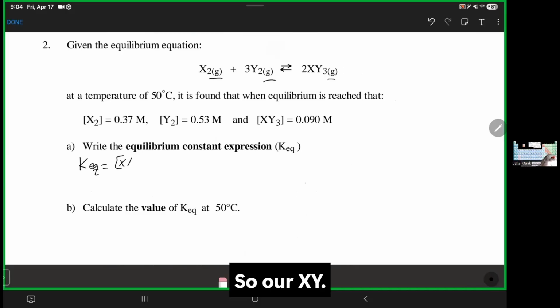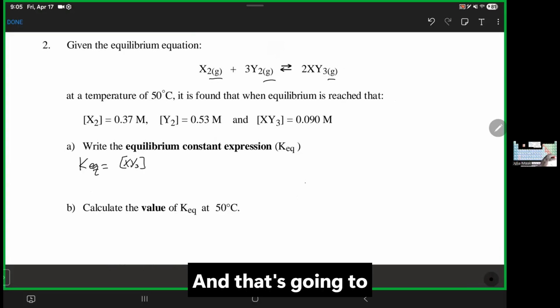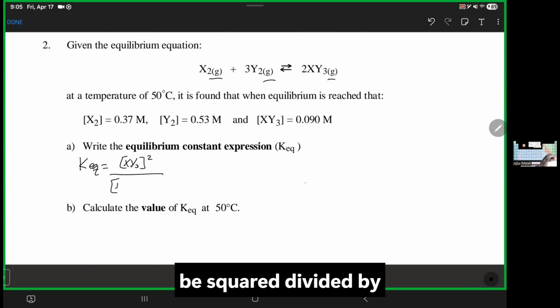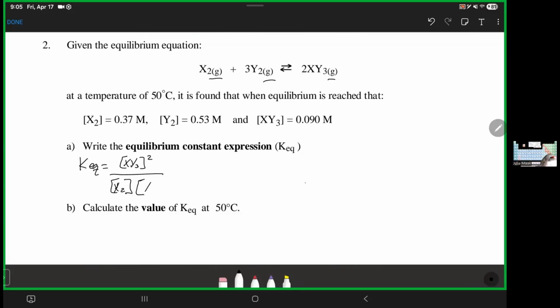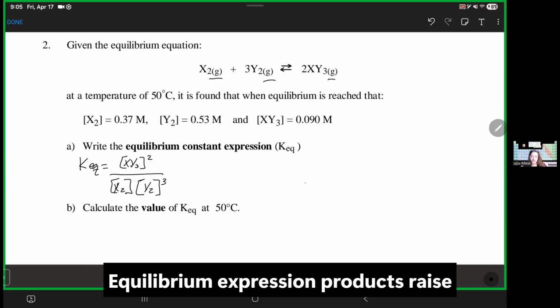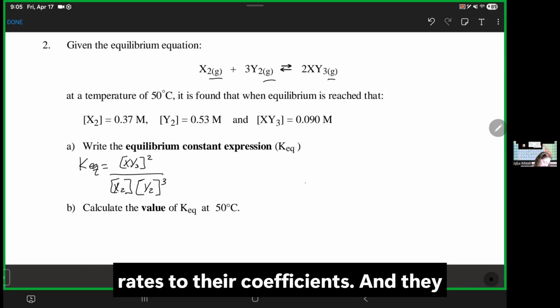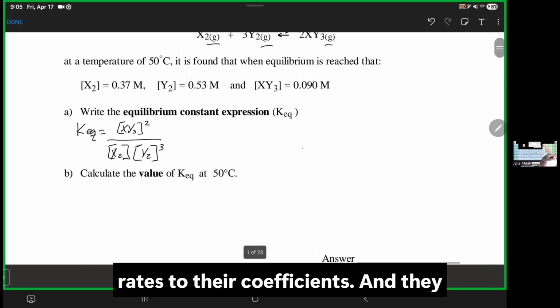So our XY3, and that's going to be squared, divided by the X2 to the 1 times Y2 cubed. Equilibrium expression. Products raised to their coefficients divided by reactants raised to their coefficients.